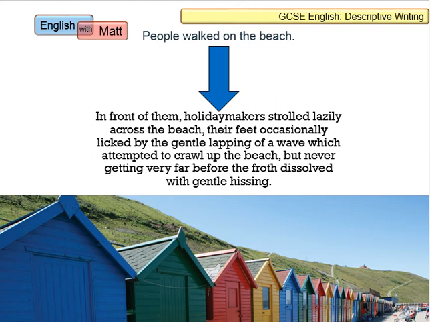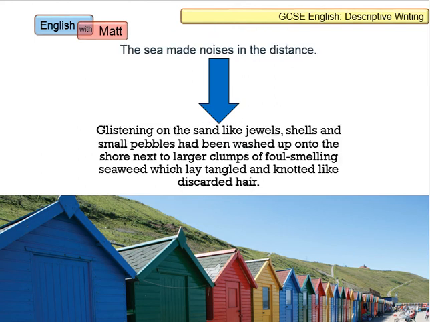And finally, let's change "the sea made noises in the distance" to: "Glistening on the sand like jewels, shells and small pebbles had been washed up onto the shore next to larger clumps of foul-smelling seaweed, which lay tangled and knotted like discarded hair." So another simile there. We've also got the sentence that begins with the verb "glistening".